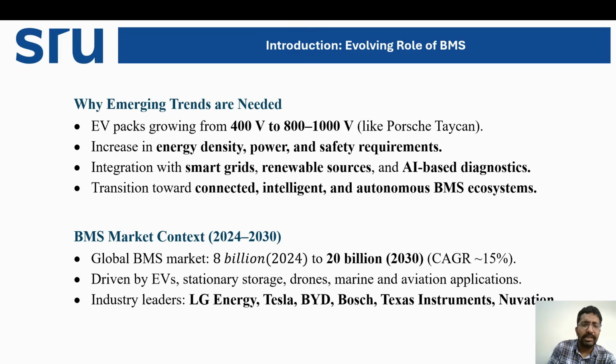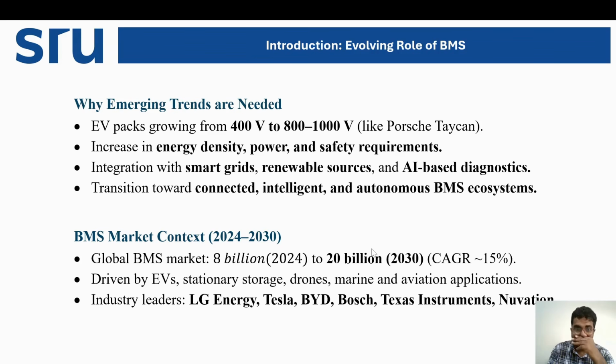So definitely integration with the smart grid, renewable sources and AI based diagnostics are there. What happens is we are going for continuous connection of the batteries with these systems, smart grids, renewable sources and AI based diagnostic processes. Then the transition towards the connected, intelligent and autonomous BMS ecosystem.